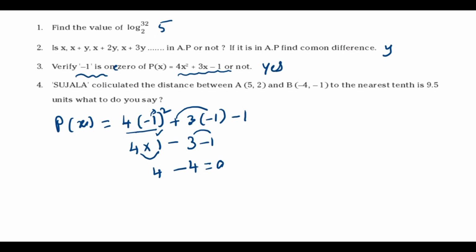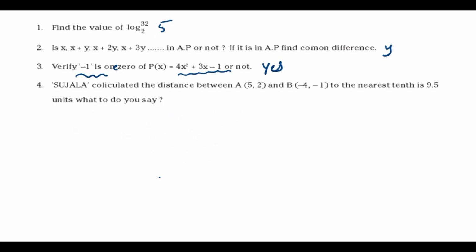And the next question is: Sujala calculated the distance between these 2 points. So the distance AB I am taking, we can mark this as x1 y1 and this as x2 y2.